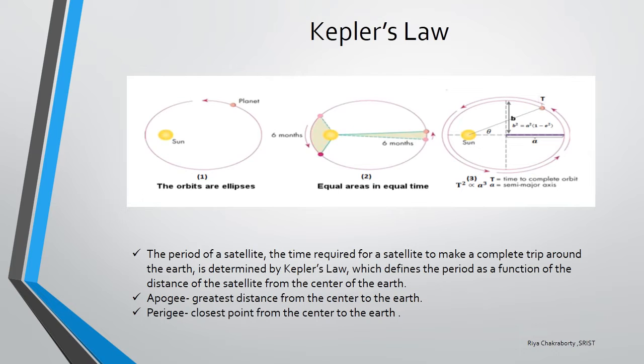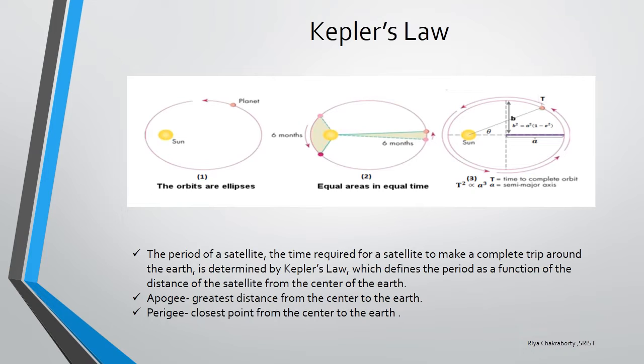The period of a satellite, the time required for a satellite to make a complete trip around the earth, is determined by Kepler's law, which defines the period as a function of the distance of the satellite from the center of the earth.